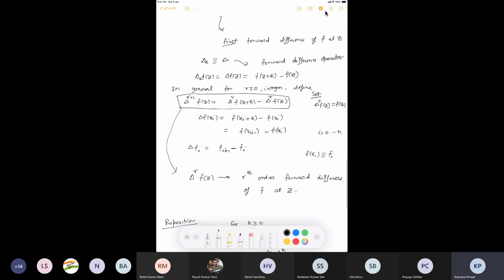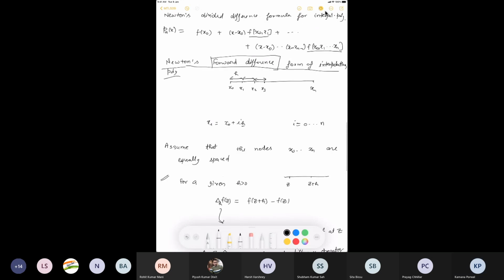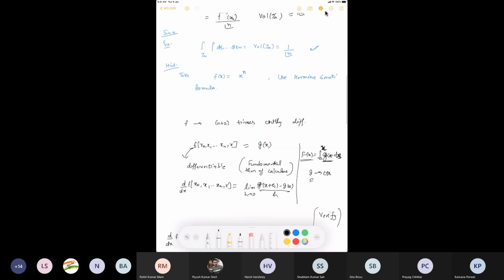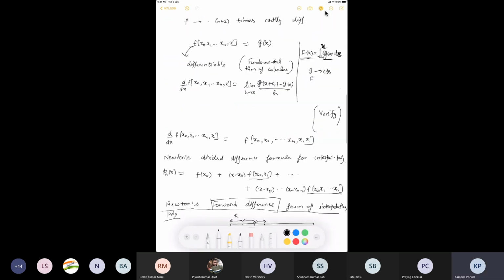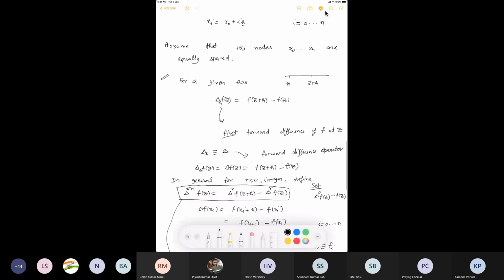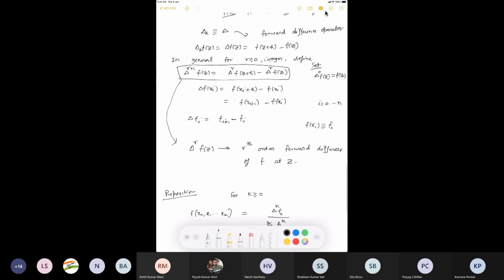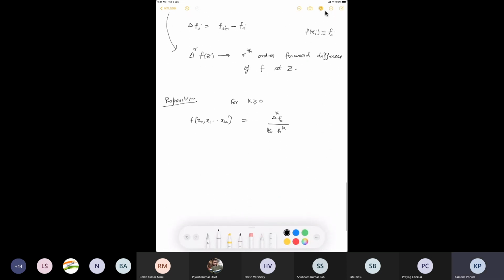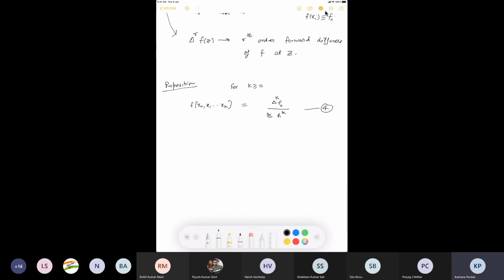Let's give these equation numbers, 3 and 4. So let's try to prove this result.